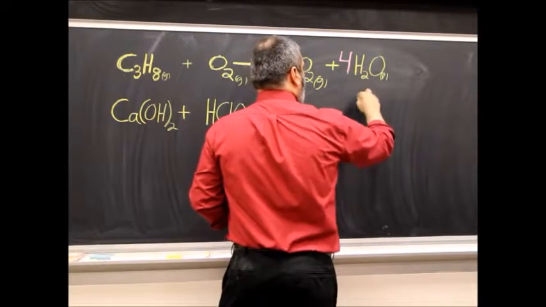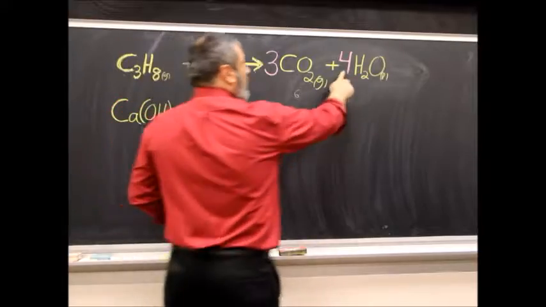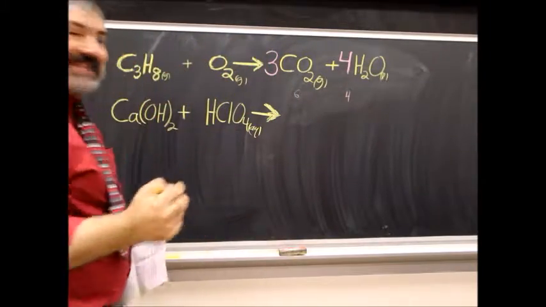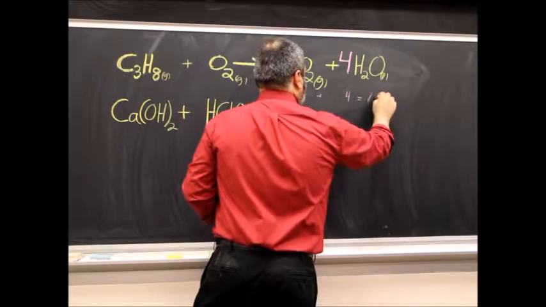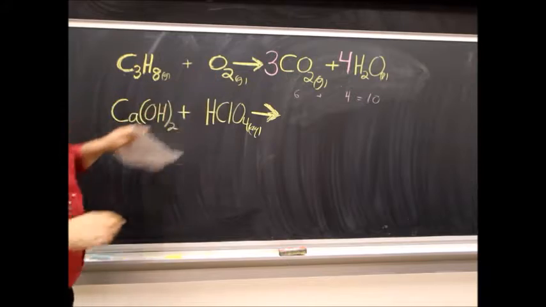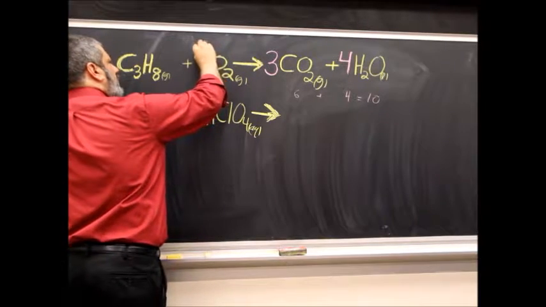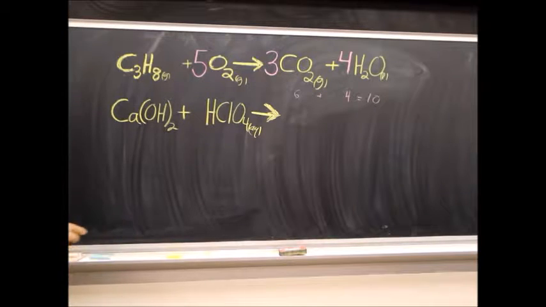And we have a total of 4 from water, again, 4 times 1, so that's 10. So we have a total of 10 oxygens. Well, O2, the easiest way to get to 10 is just to have 5 moles, to multiply it by 5.